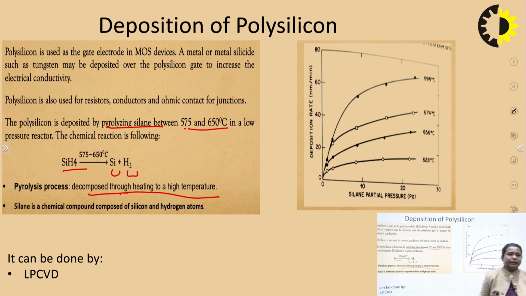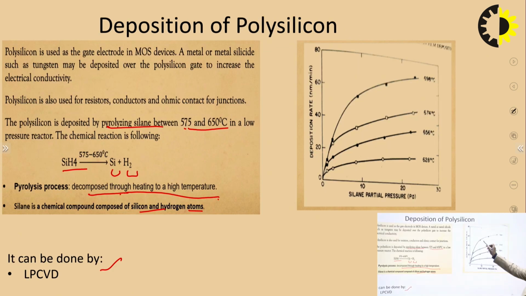So when we heat silane at a certain temperature, it gives Si and hydrogen. This is the deposition of polysilicon. Silane, we all know, is a chemical compound composed of silicon and hydrogen atoms, that is SiH4, right? I have written that it can be done using LPCVD.